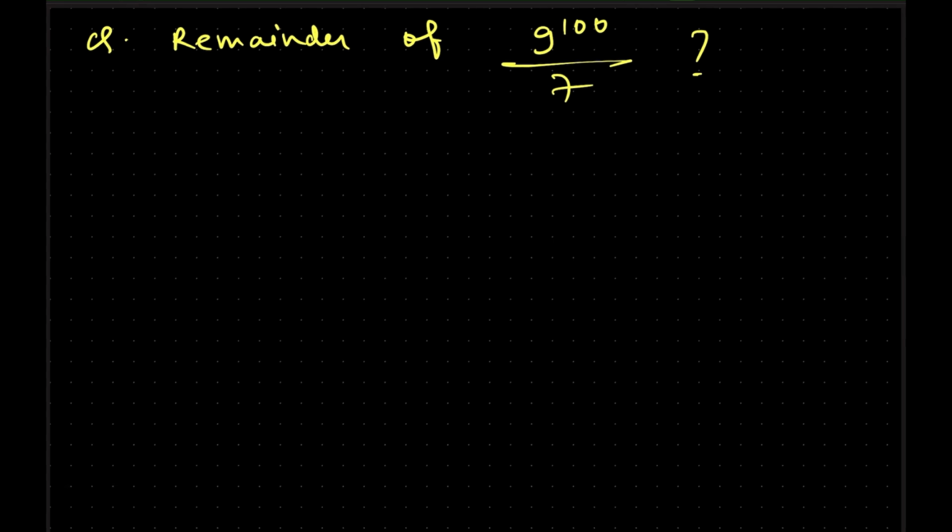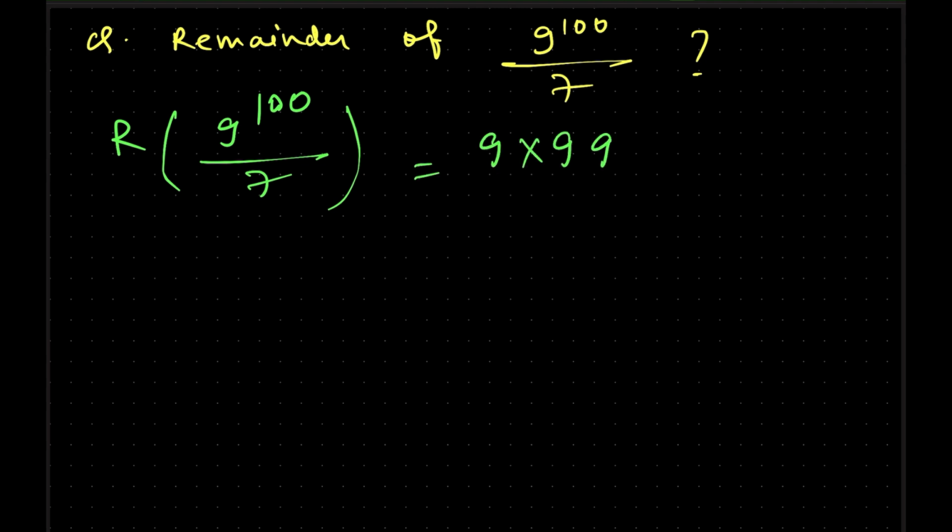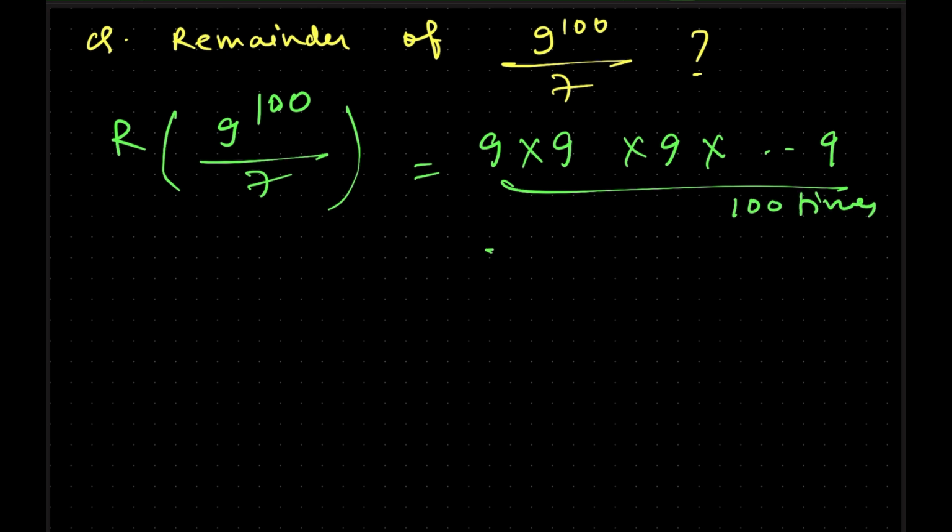So what is the remainder when 9 to the power of 100 is divided by 7? We can expand 9 to the power of 100 as 9 into 9 into 9, 100 times, divided by 7.